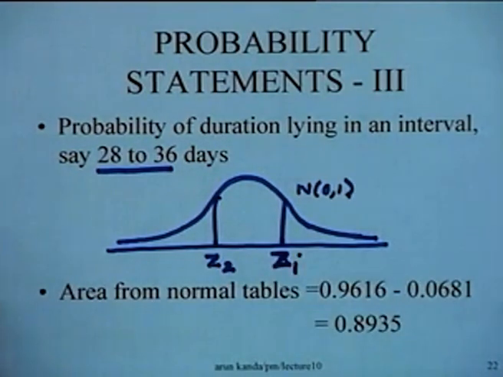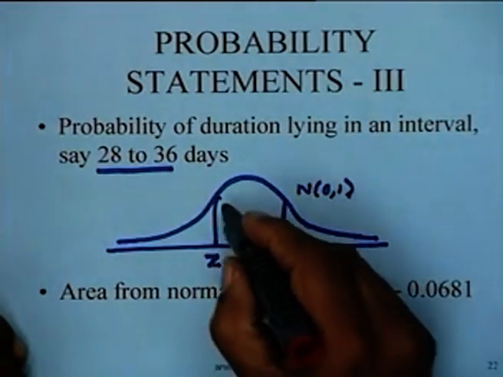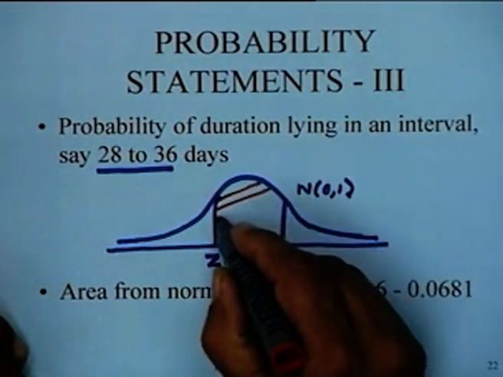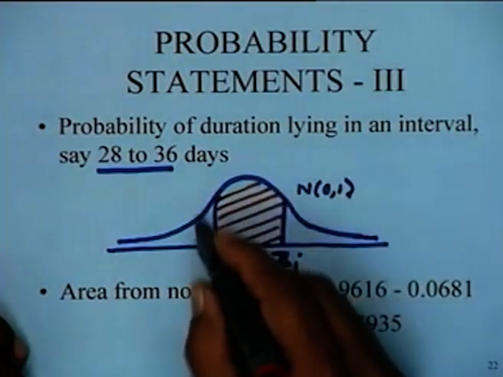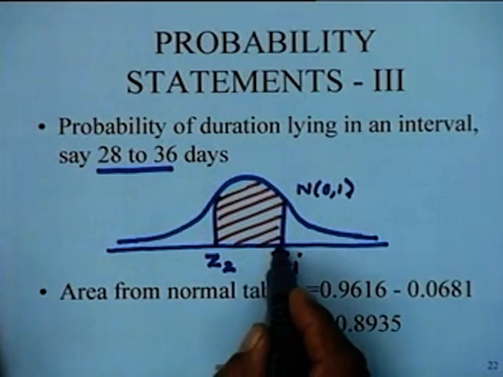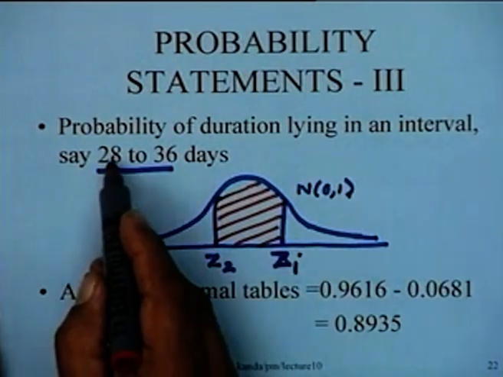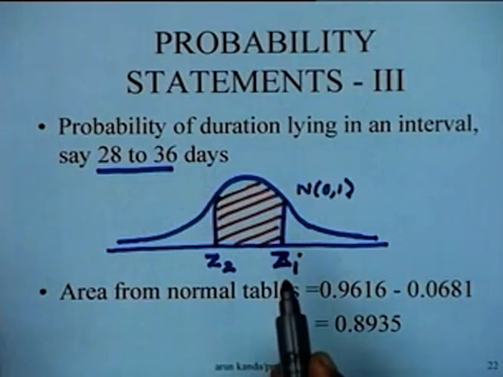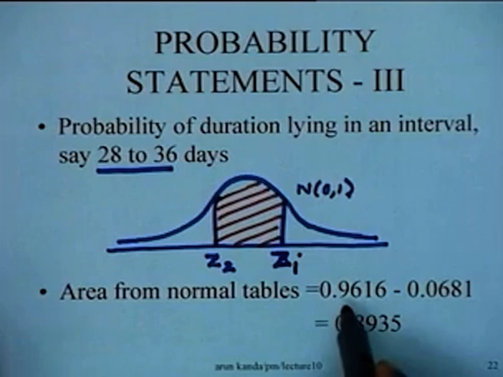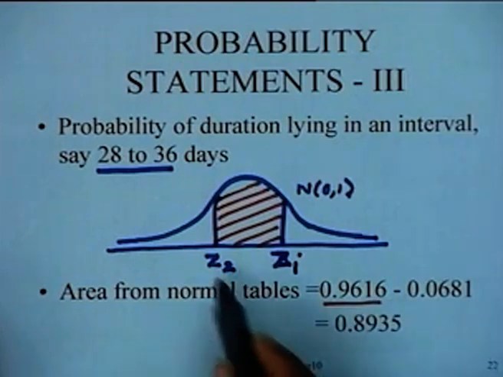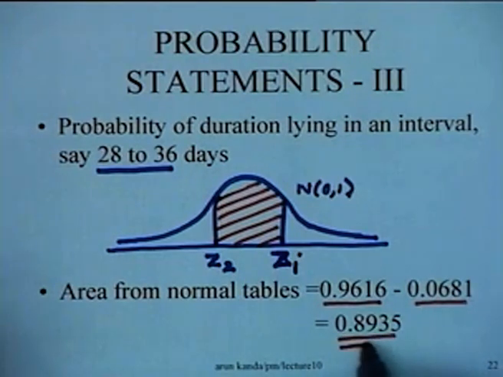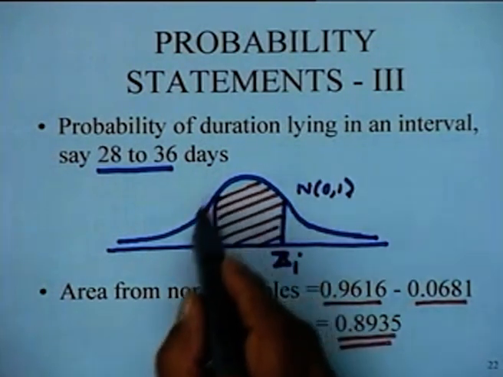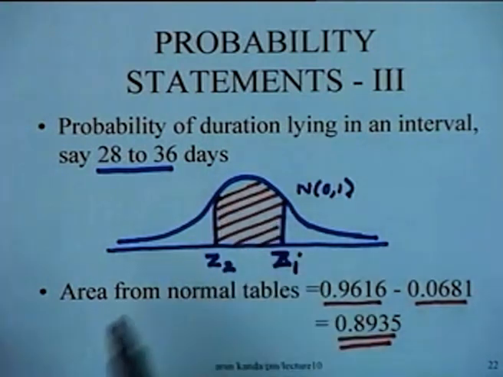This is exactly the probability that the project would be accomplished between the times z1 and z2, that is in between these two times. So when you are talking about an interval from 28 to 36, the corresponding areas for z1, which is the same value that we computed earlier, and for z2, which is 0.06, ultimately we get 0.8935 as the value of the probability corresponding to this.